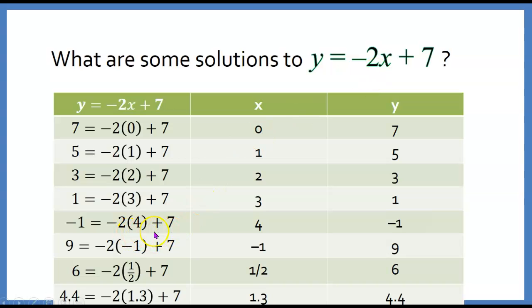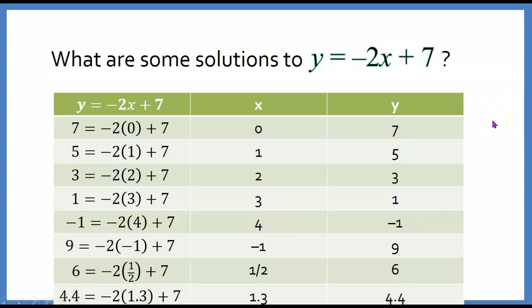Negative 2 times 4 plus 7 equals negative 1. X could be negative 1 and then y would be 9. Negative 2 times negative 1 would be positive 2 plus 7 would equal 9. X could be 1/2 and then y would be 6. Negative 2 times 1/2 would be negative 1 plus 7 would be 6. X could be 1.3 and then y would be negative 2 times 1.3 plus 7, which comes out to be 4.4. And we could go on.